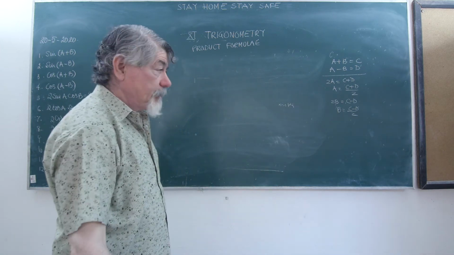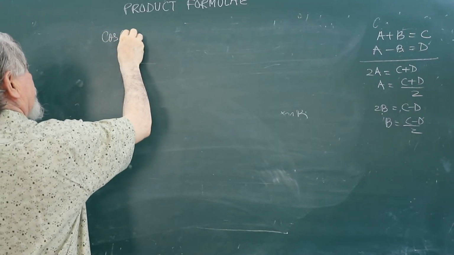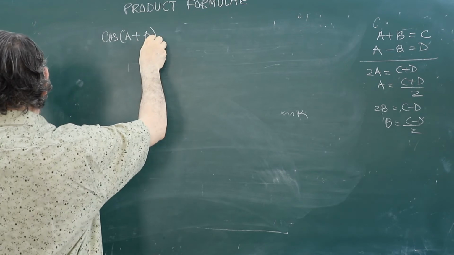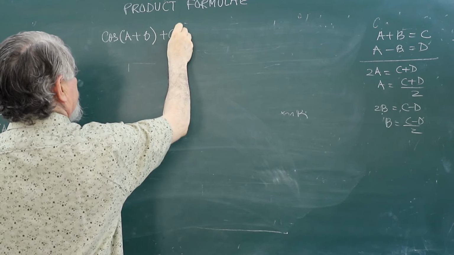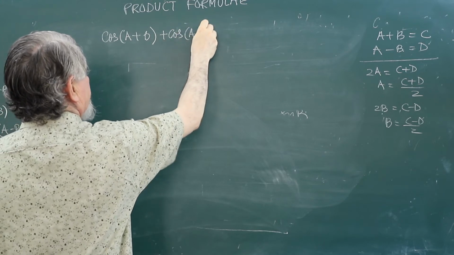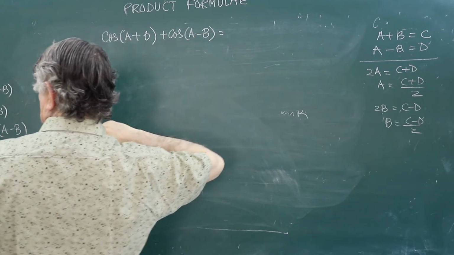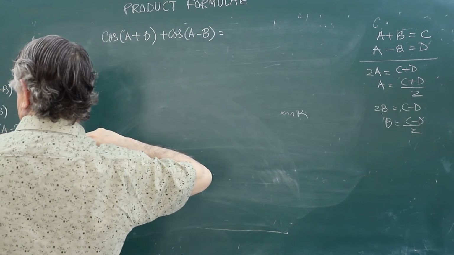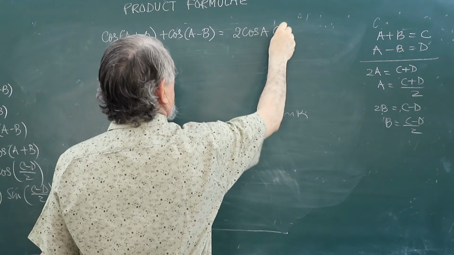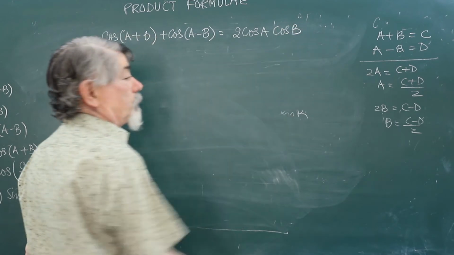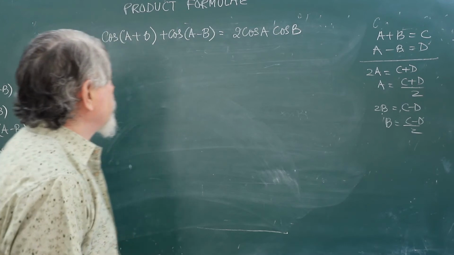Next we are writing cos A plus B plus cos A minus B was 2 cos A cos B.